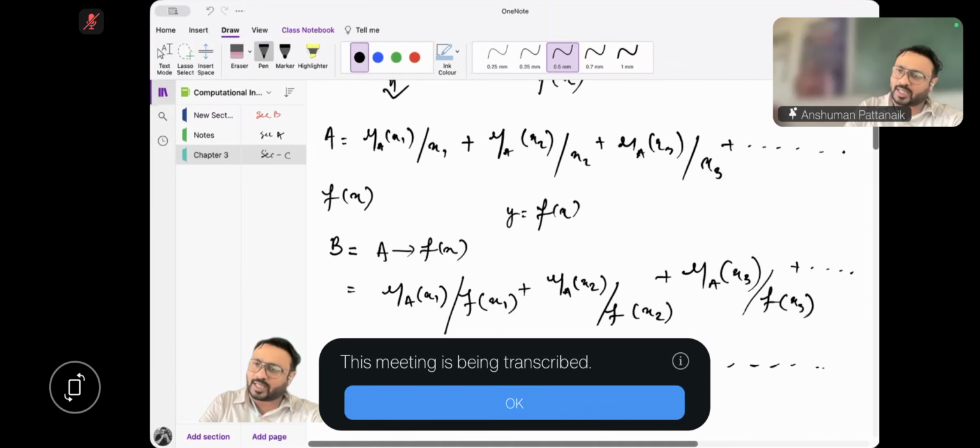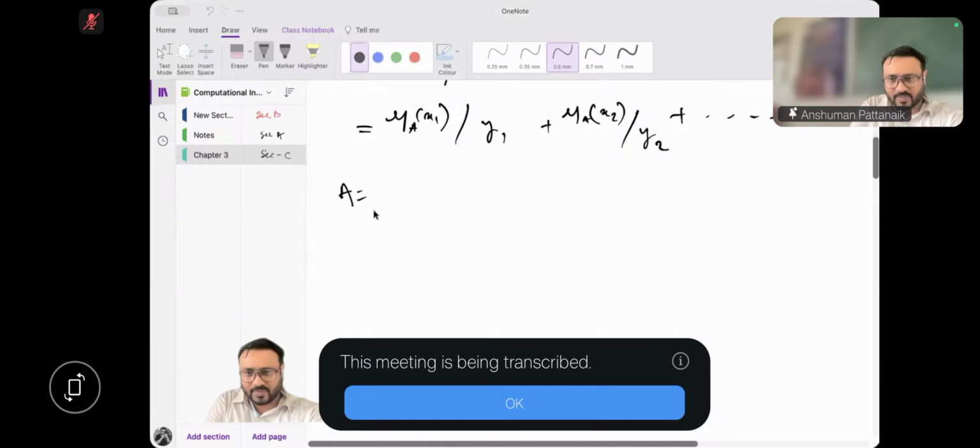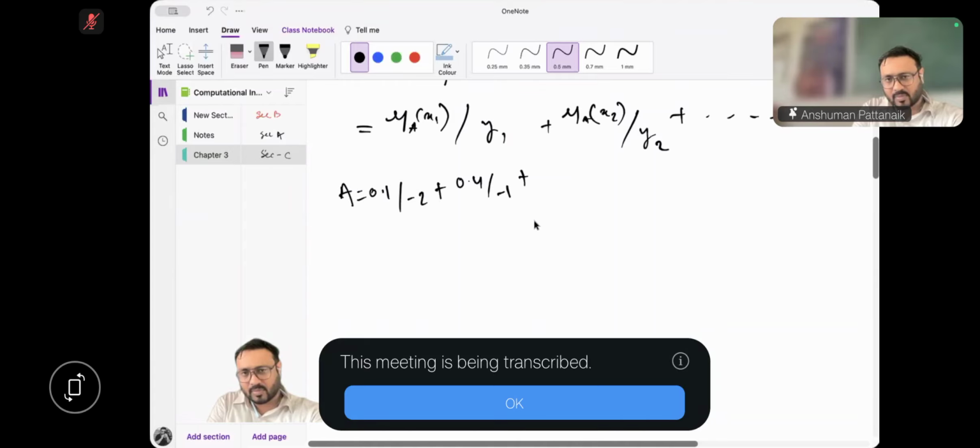There is one more rule. Let us solve a problem, and through that problem I'll explain the rule. The question is given as such. A is 0.1 upon minus 2, 0.4 upon minus 1, 0.8 upon 0, 0.9 upon 1, 0.3 upon 2.